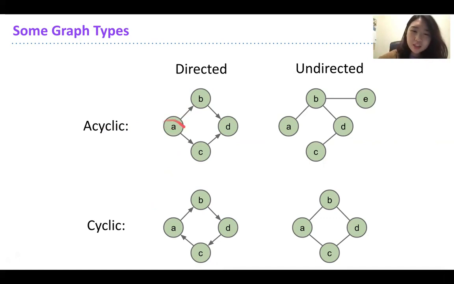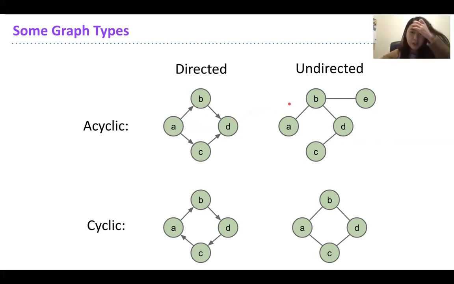But the starting point is A, and there is no way for B to come to A or C to come to A, and no way for D to go back to A. If the starting point is B, it's still the same, because from B you can go to D since the edge points to D, but that's the final destination. If there was an edge between A and D, then it would be cyclic. But there's no edge connecting A and D, so it won't be cyclic.